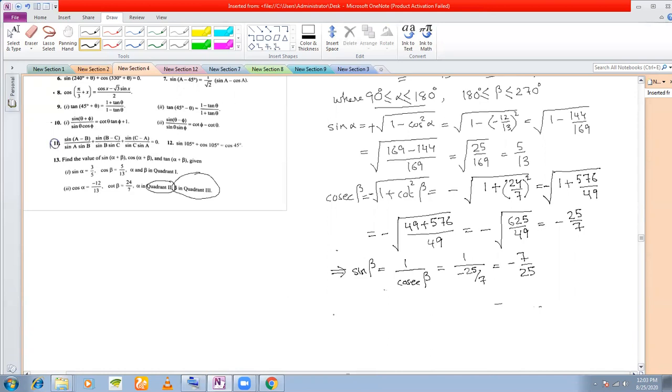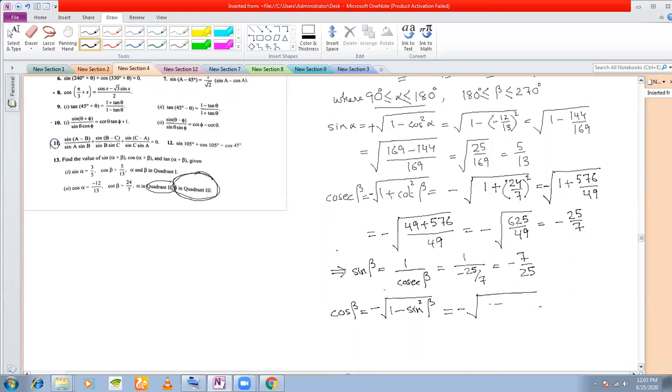We have got sine beta, so therefore we can find cos beta also. Cos beta is equal to root 1 minus sine square beta. But the question is, what should be the sign here, plus or minus? Again, see that beta is in the third quadrant. In the third quadrant, only tan is positive. Sec and cosec are negative. So again, a negative sign here.